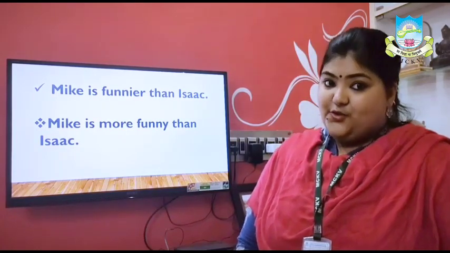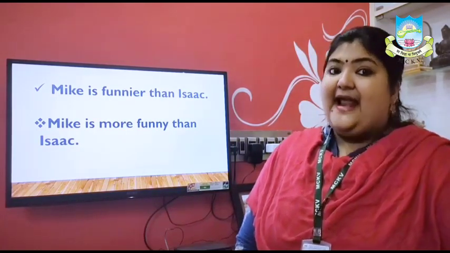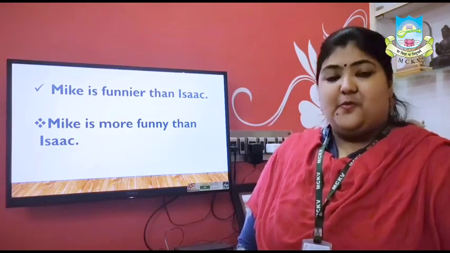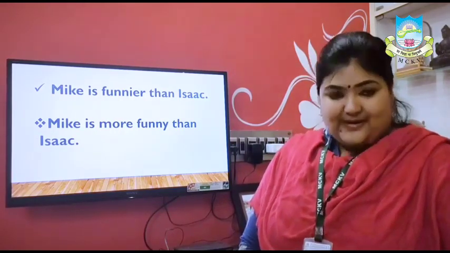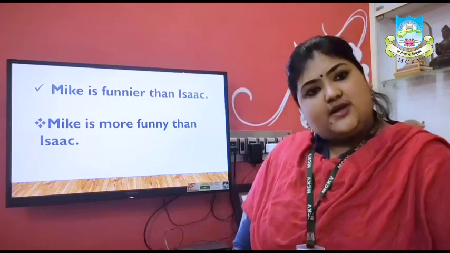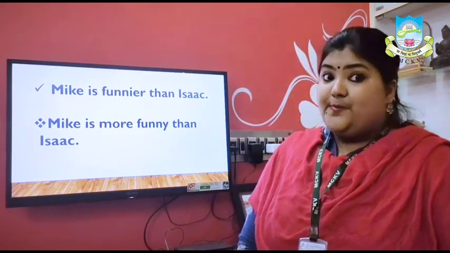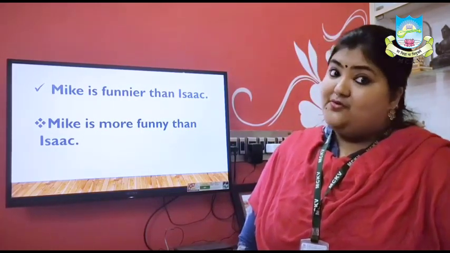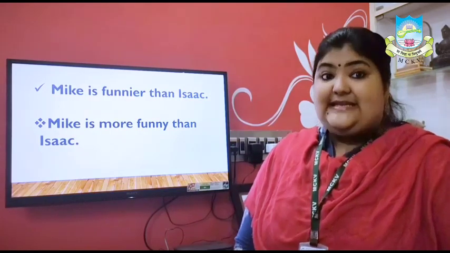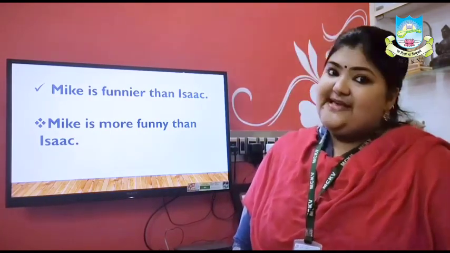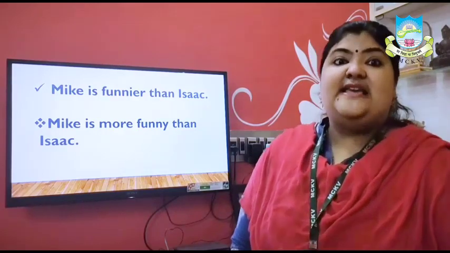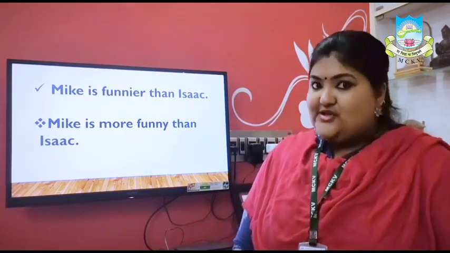And then you will change the y into i and add an "er." Now the word funny, if you turn it into a comparative degree of adjective, turns into funnier. And if we use it as superlative, children, again remember the rules that we have learned. We have to add "est." So if I say Mike is funniest of his class, that is also correct.